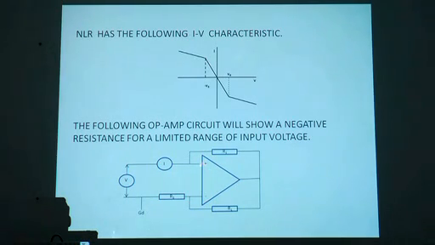You have the op-amp with the non-inverting terminal connected through a resistance R1 to the output terminal, and the inverting terminal connected through the same resistance R1 to the output terminal, and the inverting terminal is connected to ground through a resistance R3.